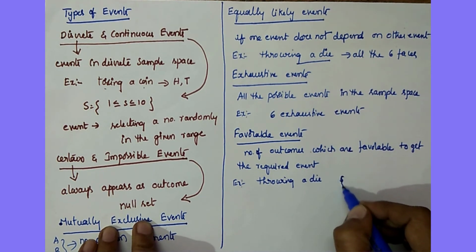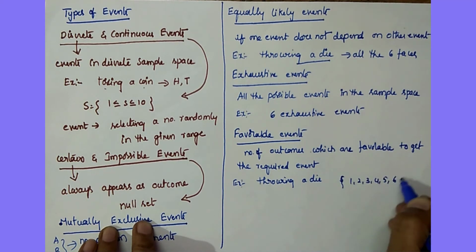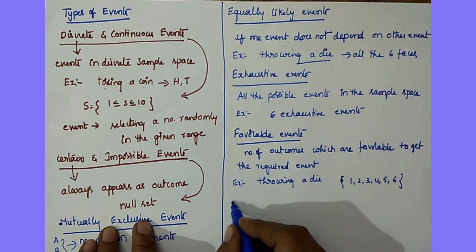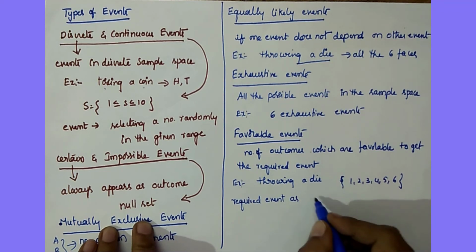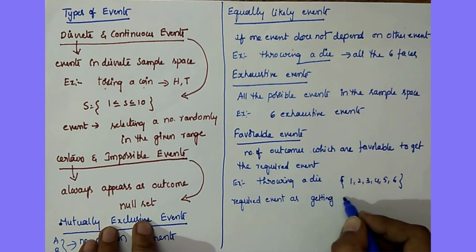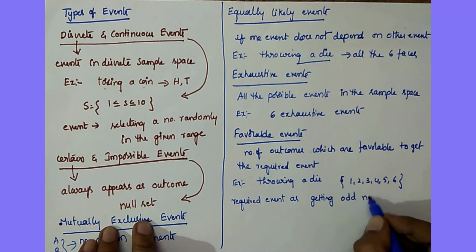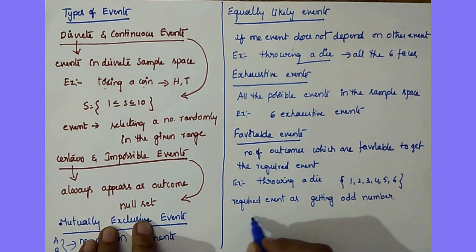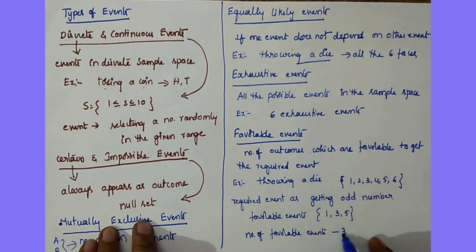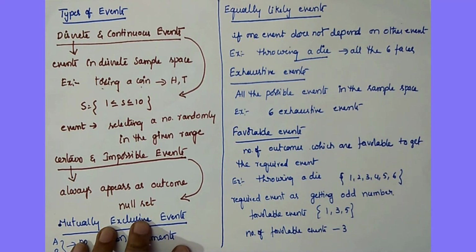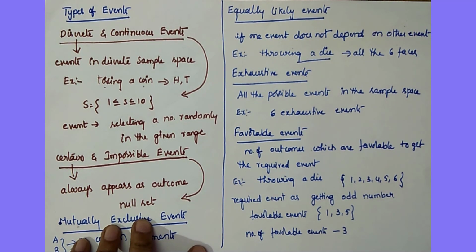Outcomes are totally 1, 2, 3, 4, 5, 6. Let us suppose the required event as getting odd number. Then what are the favorable events? The favorable events are 1, 3, 5. How many number of favorable events are there? So this is called favorable event.